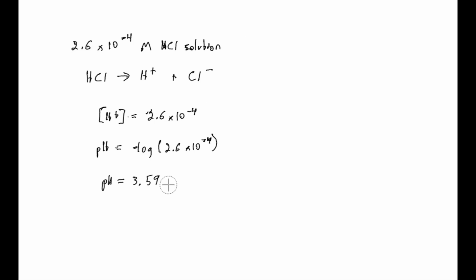But now I want to take this number up here and use it to calculate the amount of hydroxide. We know that for an aqueous solution, the concentration of H plus times the concentration of OH minus should equal 1 times 10 to the negative 14.